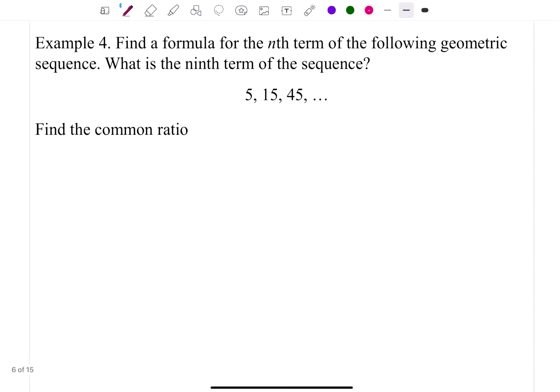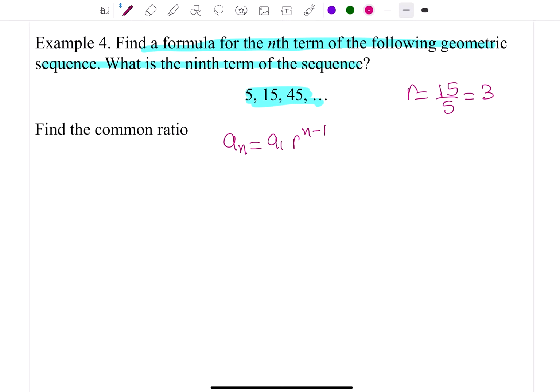Another example, find a formula for the nth term for the following geometric sequence. What is the 9th term of the sequence? So first of all, to find the formula for the nth term, we know an is a1 r to the power n minus 1, and we do need to find the r in this case. The common ratio r can be found by dividing 15 with 5 or 45 with 15.